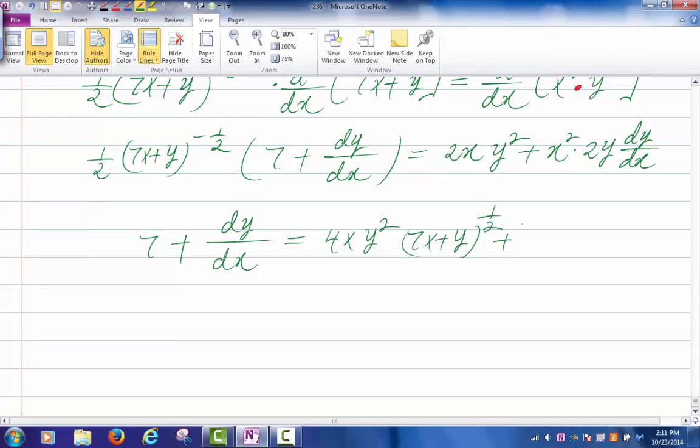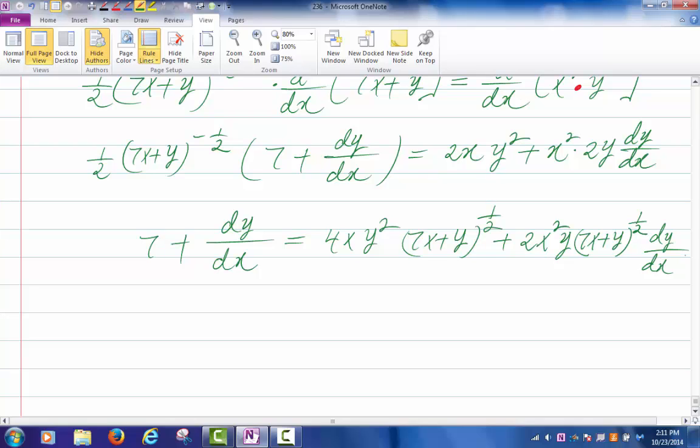Same thing happens with the second term. I multiply by a 2, so I'm going to get 2x squared y, and also it will be multiplied by 7x plus y to the half. And I shouldn't forget about dy/dx. Is that okay? I multiplied both sides by a 2. I multiplied both sides by 7x plus y to the half.